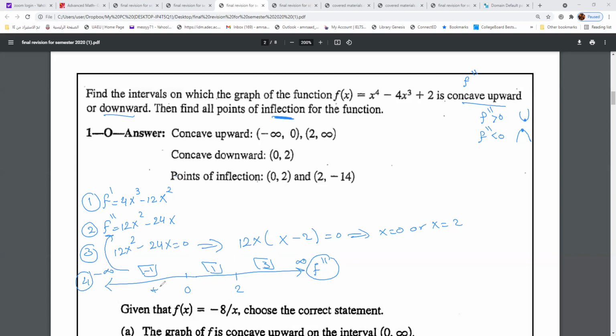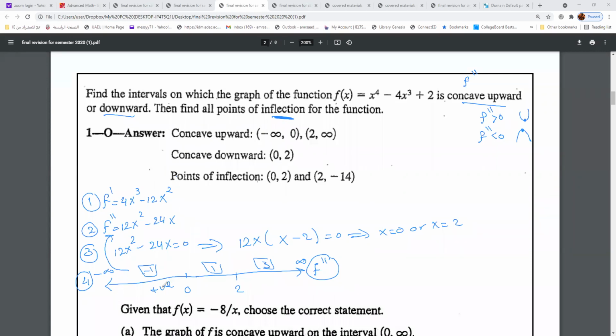It will be positive. Since the second derivative is positive, the function is concave downward from negative infinity to 0. Downward. So sorry, upward. Positive would be what?